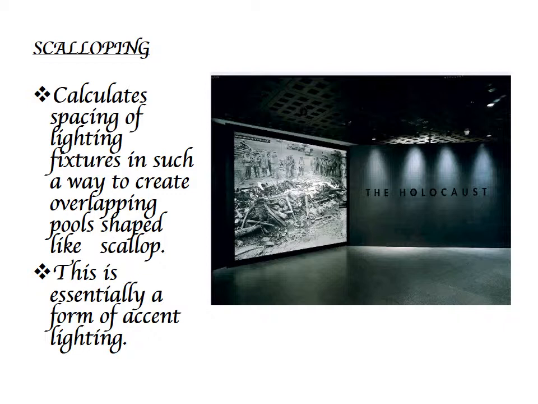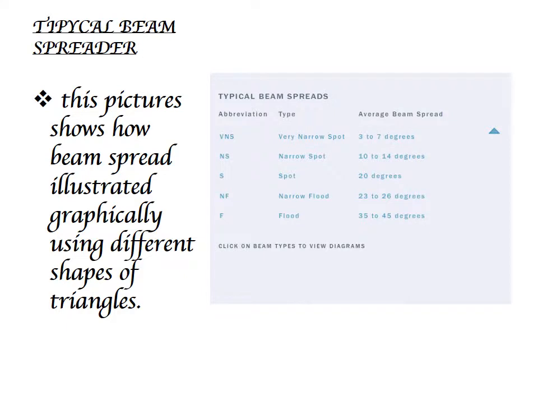This is essentially a form of accent lighting. Typical beam spread. This picture shows how beam spread is illustrated graphically using different shapes of triangle.